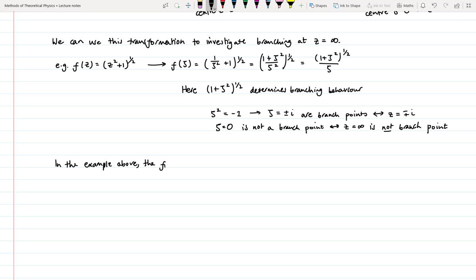In the example above, the first branch cuts, and to remind you, I'll draw a little picture. The first example, we had branch cuts going off to infinity like this. So we chose 2 branch cuts running to infinity.